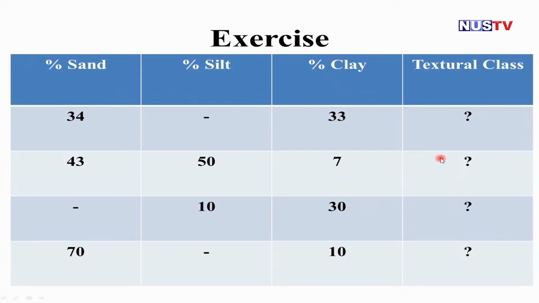So all you need to do is use the texture triangle, plot the line to find the texture class. And also for the other activities, sand is unknown, silt is 10, clay is 30, and also find the texture using the texture triangle.